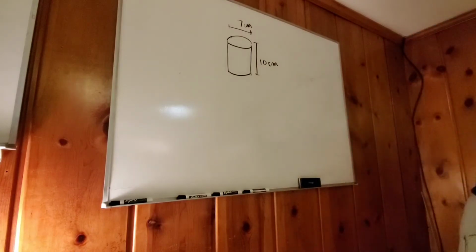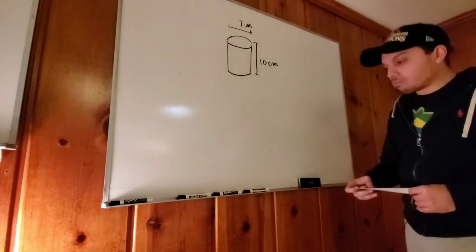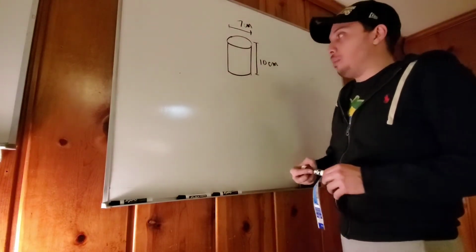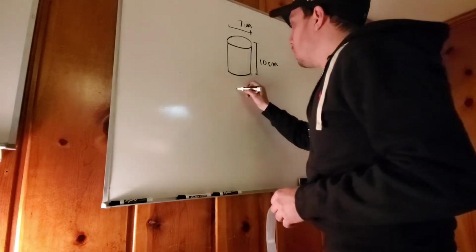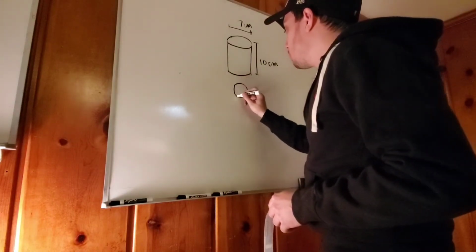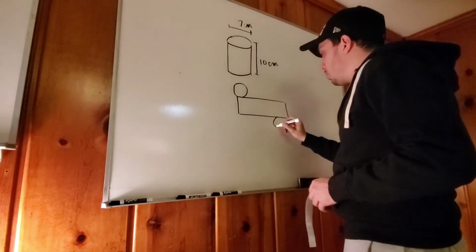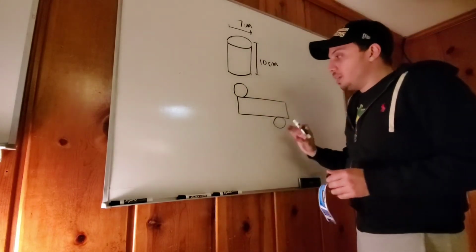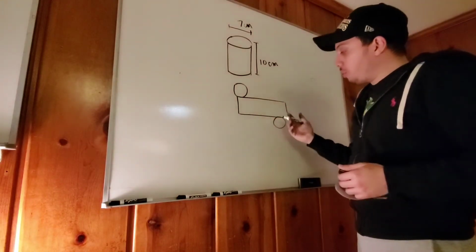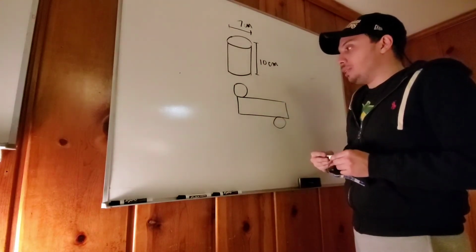And a cylinder is very unique in that it has only 3 shapes to make it. So it's a circle with a rectangle and another circle. That's it. That's all the can. So if you wrap the rectangle around and put it there, that would be it.